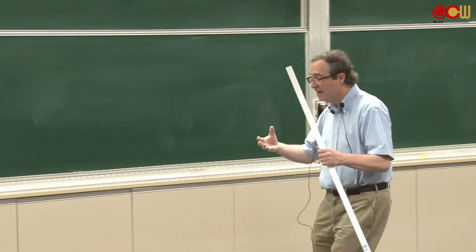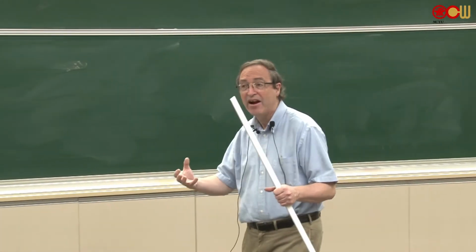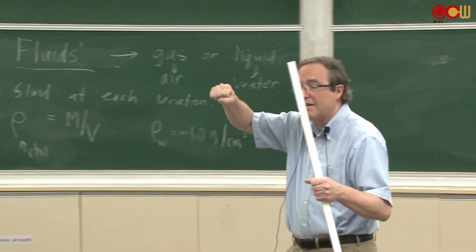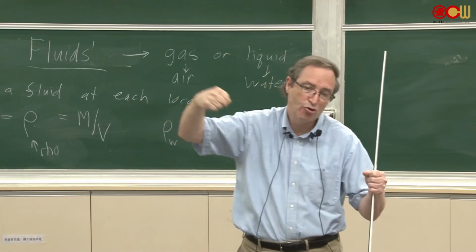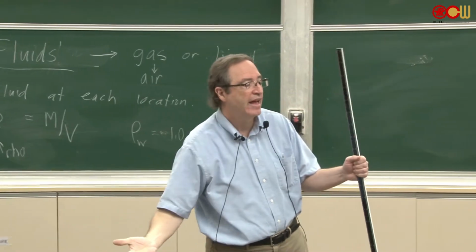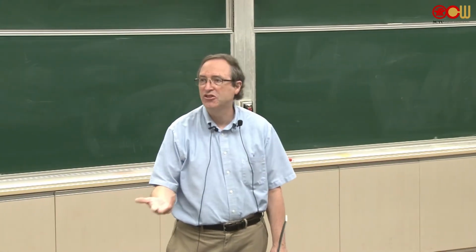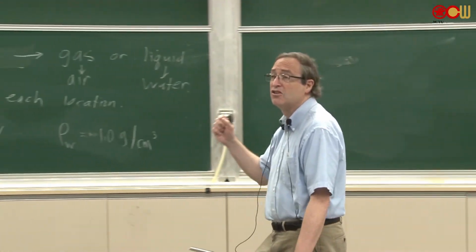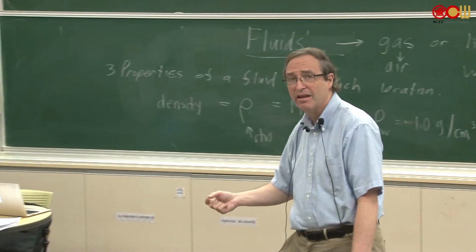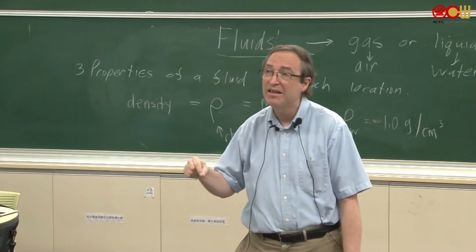I could take a container of air, and I could have like a plunger, and I could push into it, and I will get a much denser amount of air. It's a lot harder to do that with a liquid. Right? Why is that?